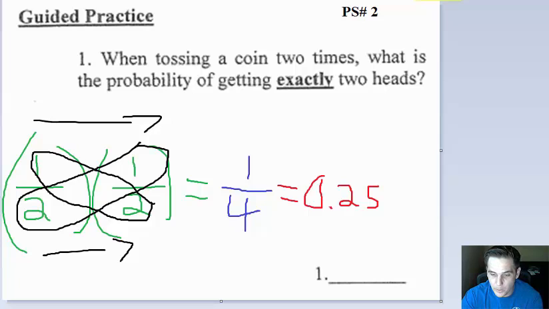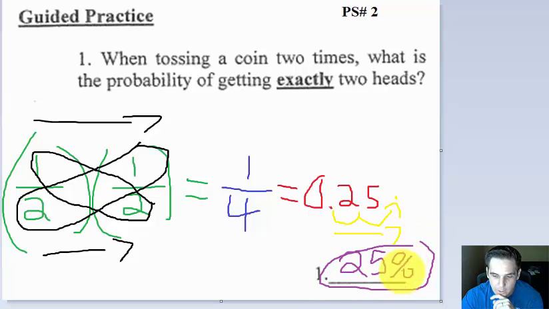And then how do we turn a decimal into a percentage? Move it twice to the right, giving us a final answer of 25%. So that is the probability, if we flip a coin 2 times, of both of them being exactly heads.